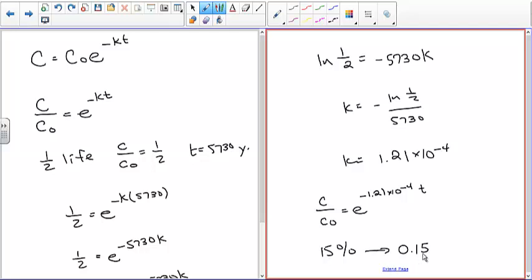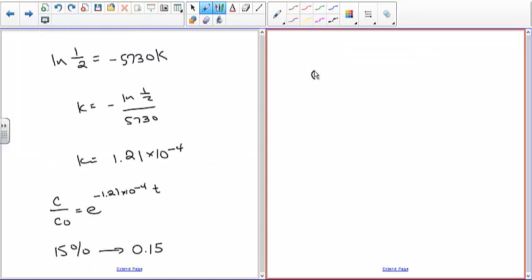So 0.15 is the equivalent of 15%. And so we set the left-hand side. We're saying that 15% of the carbon that is available, based on the original amount, is 15%. And now we go solve for t just like we did in the previous problem.